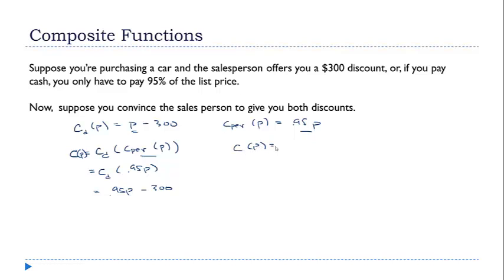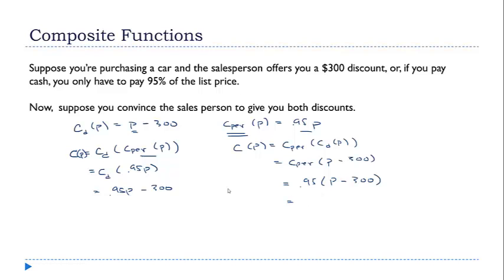Now let's go the other way. Let's look at the percentage and then the discount. So this would be D of C of P. The discount price, that's P minus 300. Just substituting again. And now putting this into the percentage formula, this is 0.95 times (P minus 300).